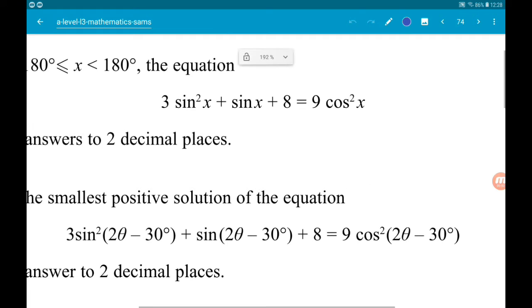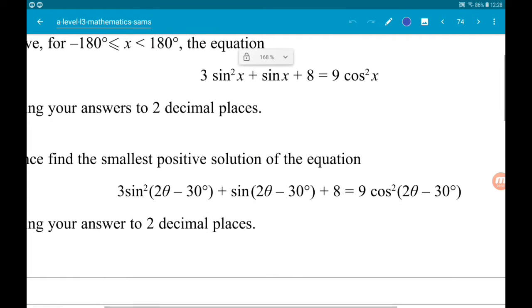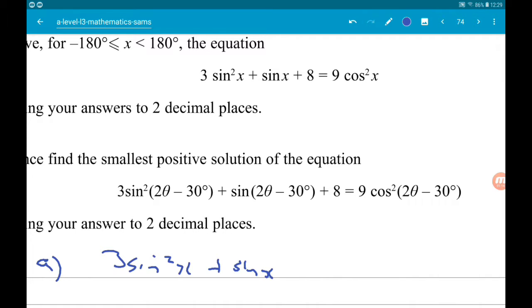So we can say then that this is 3 sine squared add sine add 8. Now, 9 cos squared is 9 lots of 1 minus sine squared. So that's 9 minus 9 sine squared.